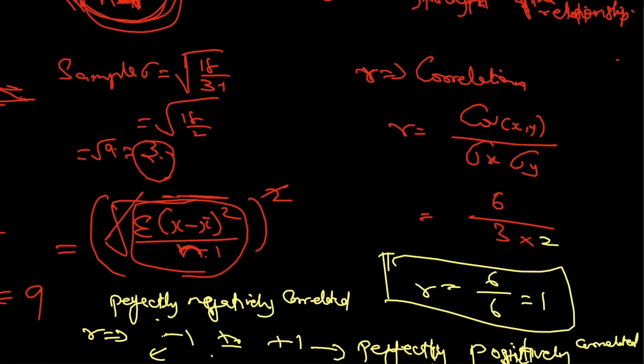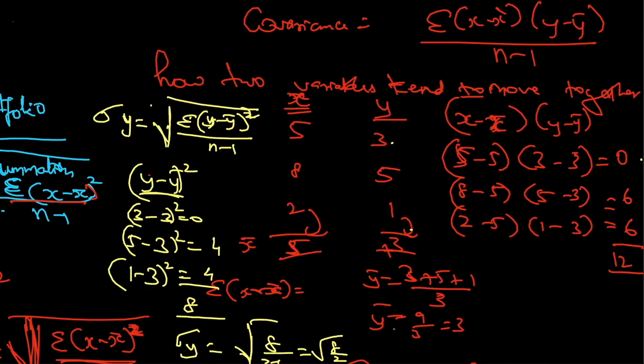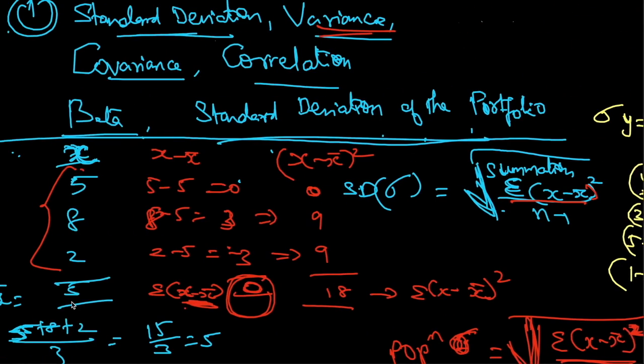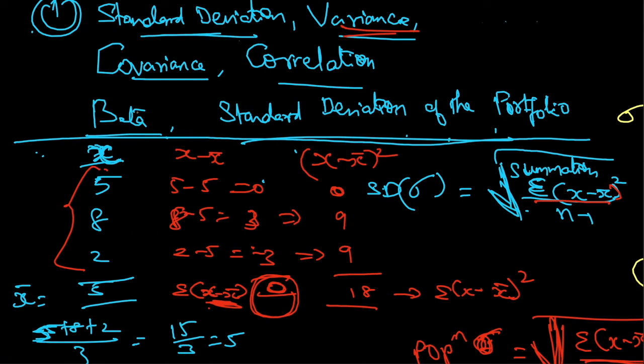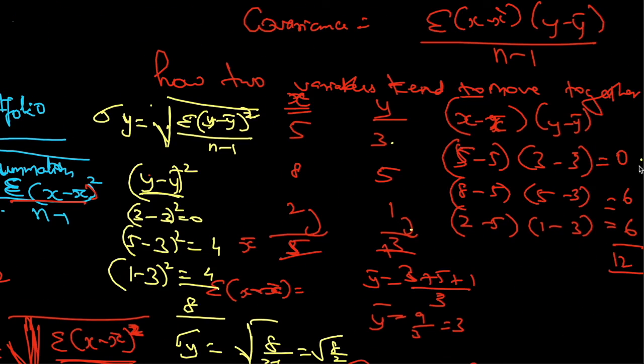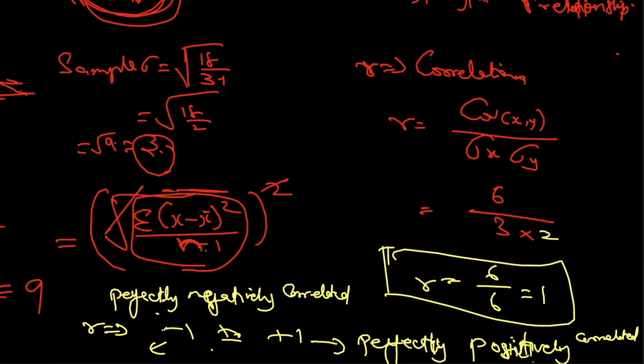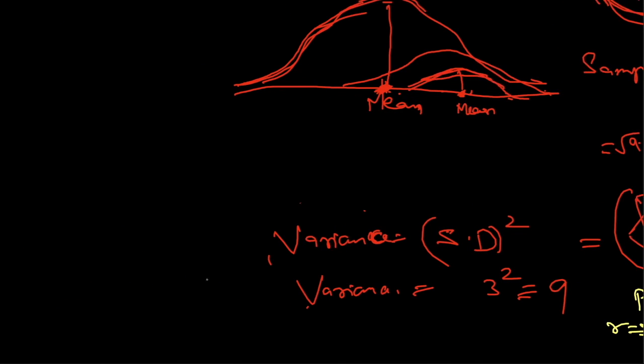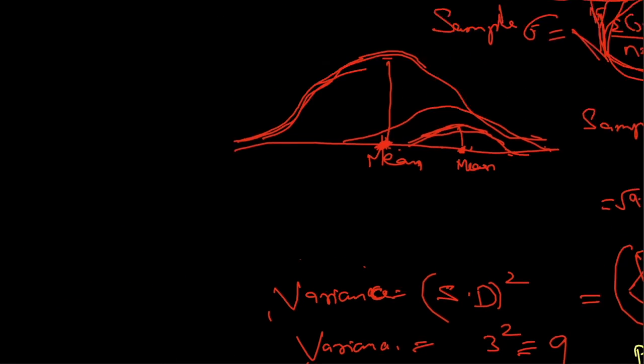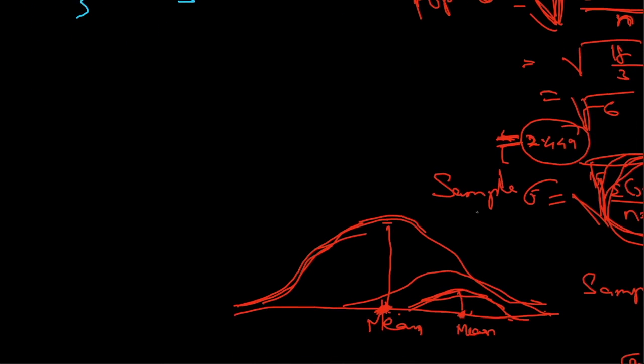Okay, then the next formula that we are supposed to see is correlation, then beta and standard deviation of the portfolio. So beta, I'll write here.